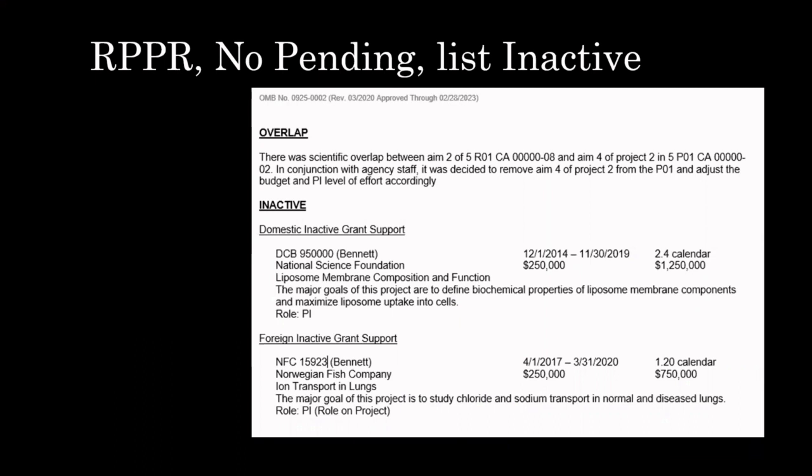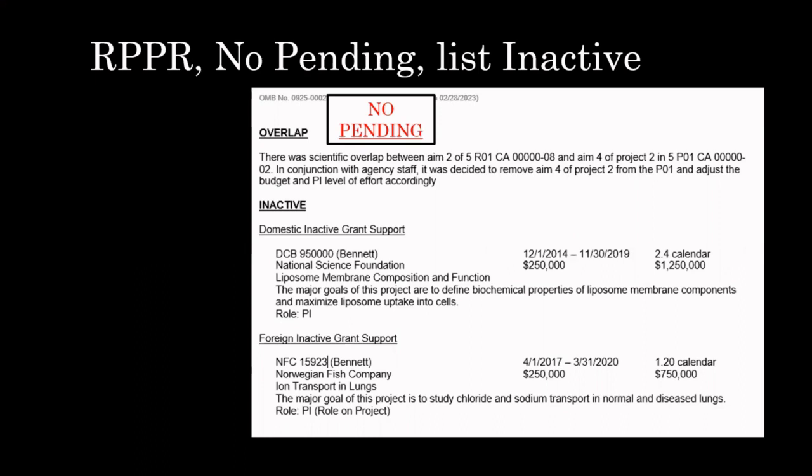So on an RPPR, like I said, we do not list pending, we only list inactive grants. So this would be inactive since the last reporting period. So you always want to review either the prior other support that was submitted at just in time if you're working on the year 1 progress report, or the previous year progress report to indicate what has expired since the last reporting period.